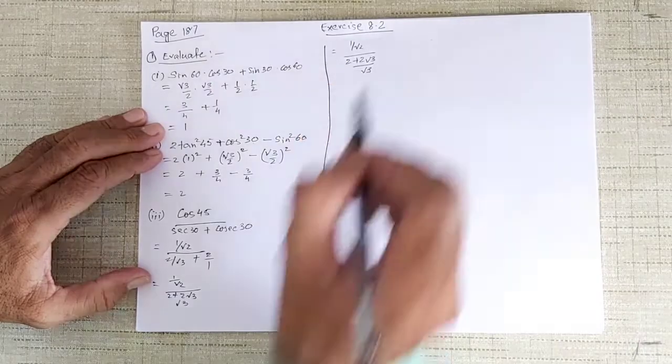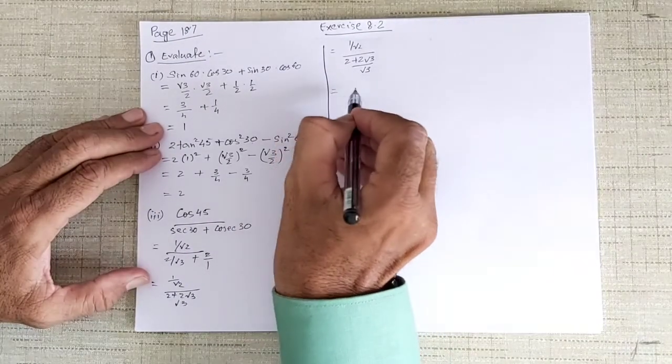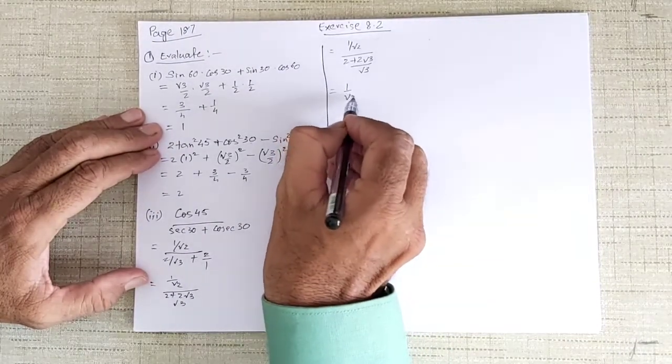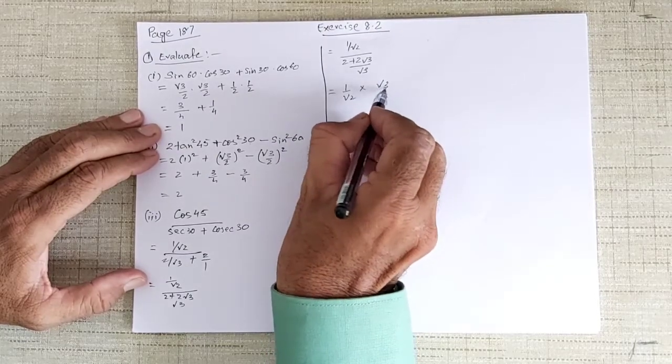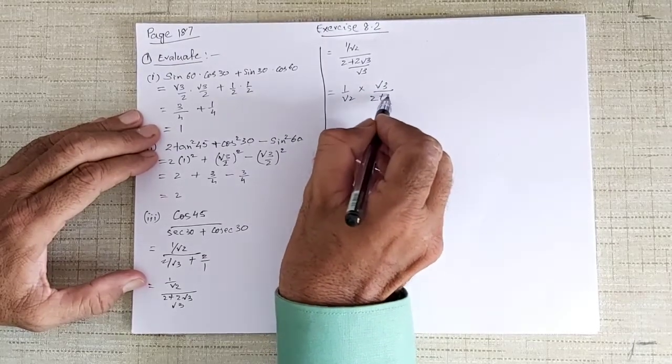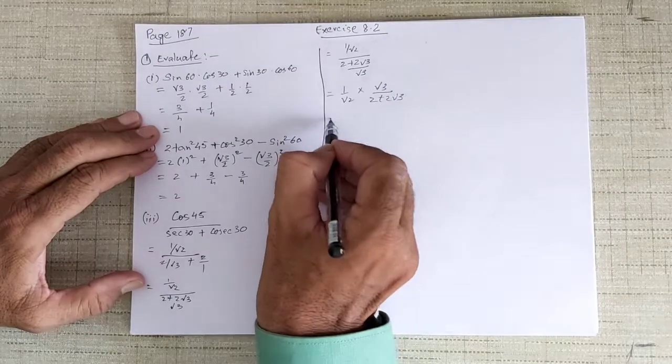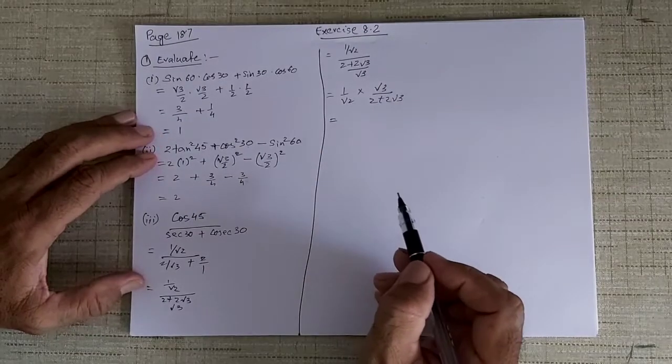Now make it reciprocal: 1 upon root 2 multiplied by root 3 upon 2 plus 2 root 3.